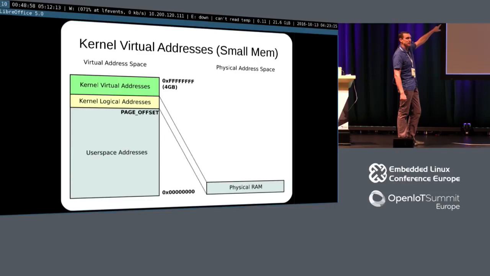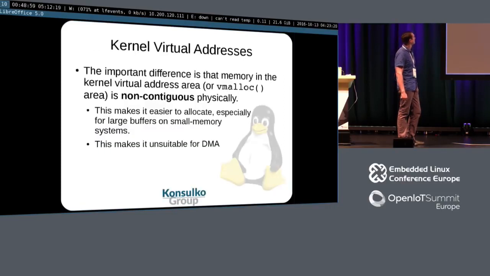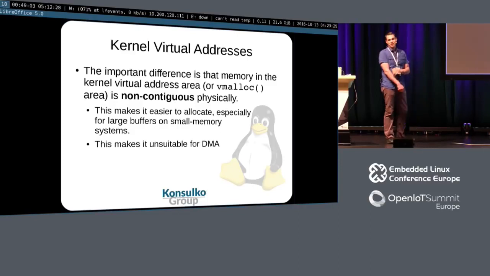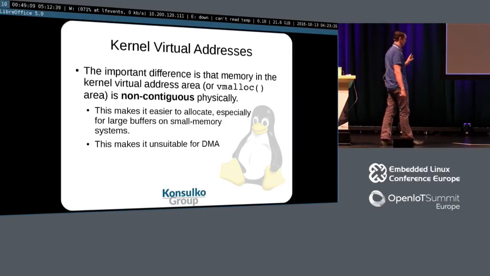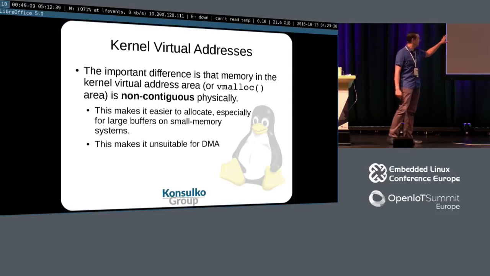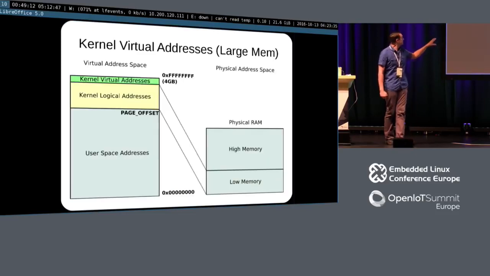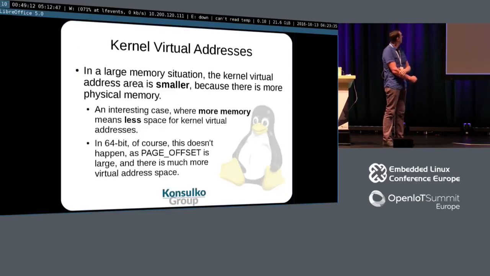Your modules are getting installed, your I/O remaps, all of that. So keep in mind, as we said, that the key there is it's non-contiguous. You can't rely on it for DMA at all. That's the main point here. All right, let's go over that.